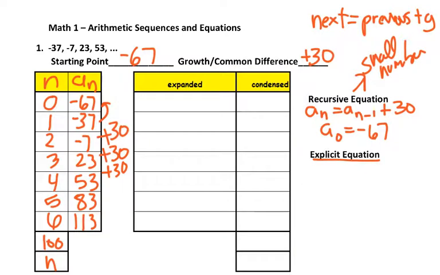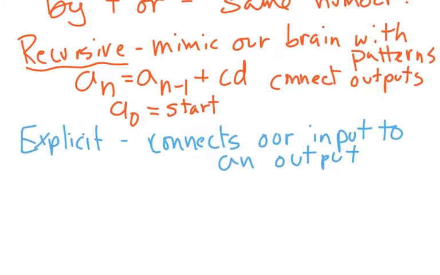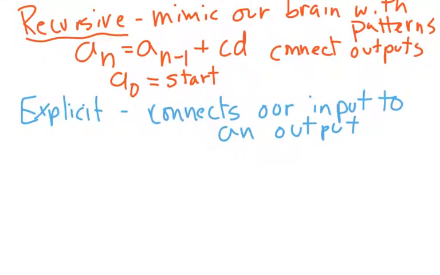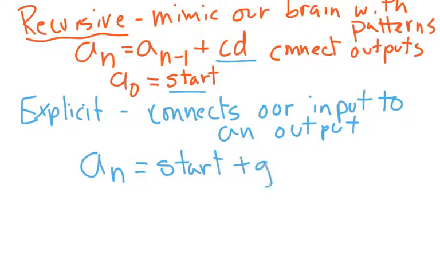on the previous answer. So the way we think about an explicit is that we take our output, in this case a sub n, and it equals not a sub n minus 1 or a sub 100 or anything like that. We think, okay, where do we start? Just like up here, and then we add our growth to it, that common difference.